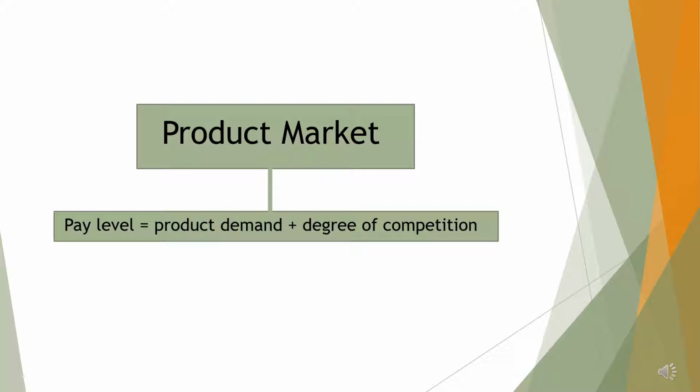As you can see here, our pay level is equal to the product demand plus the degree of competition. So if we have a larger market share of our product and some other factors go in, like keeping labor costs down, we can actually increase our pay level to attract and retain top talent.